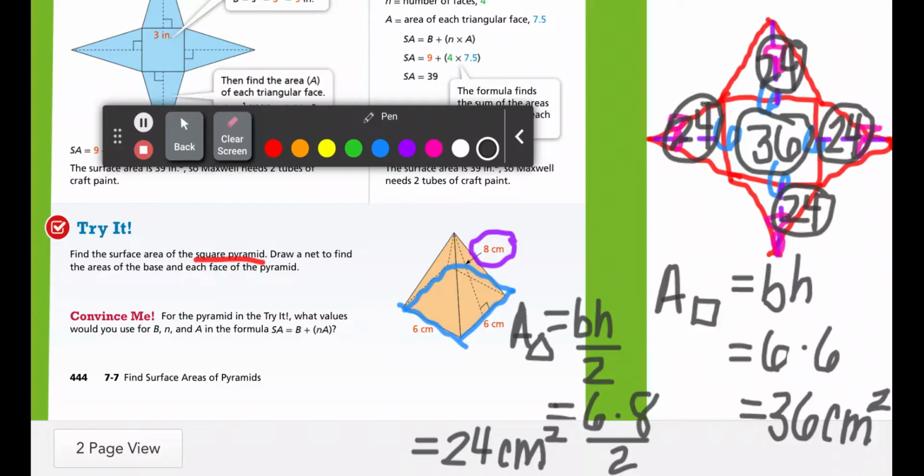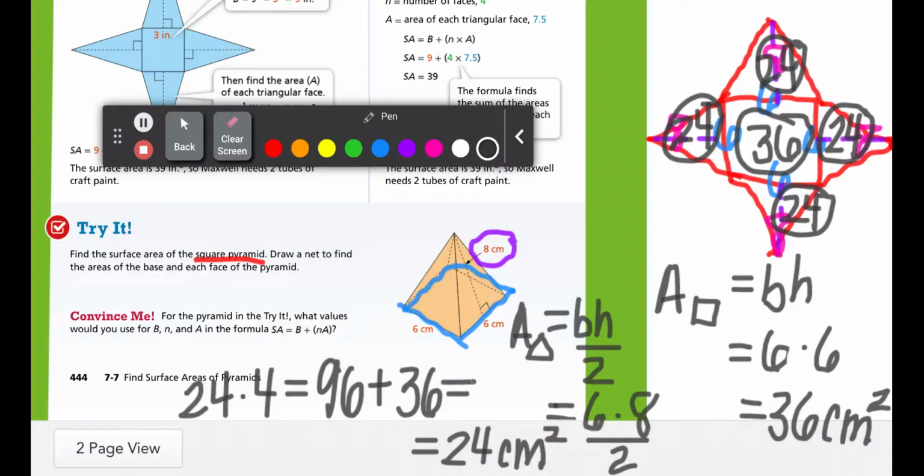Or since we have 4 24s there, you can do 24 times 4, which should be 96, plus the area of that square, 36. So our surface area is 132 centimeters squared.